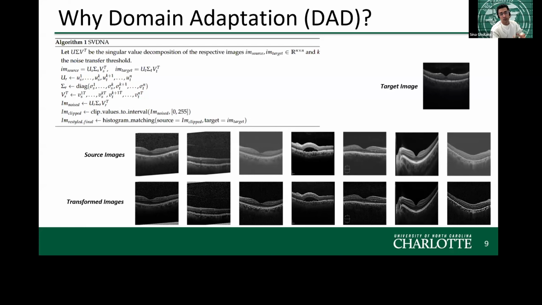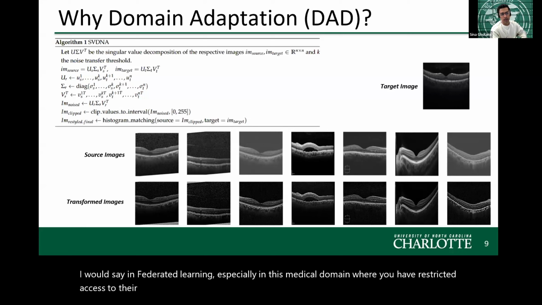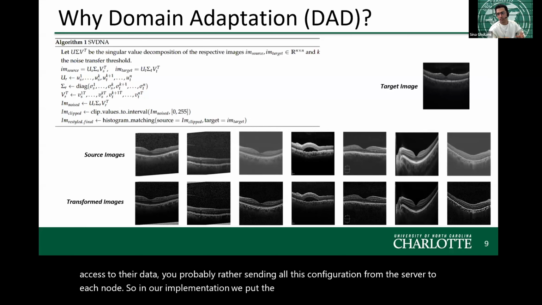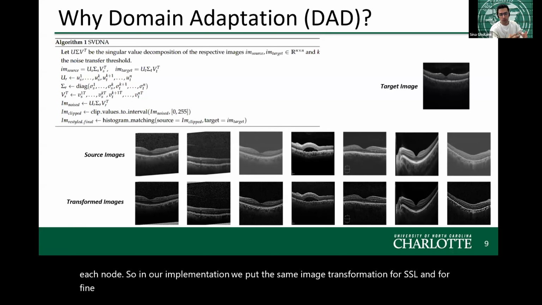I would say in federated learning, especially in this medical domain where you have restricted access to the data, you would rather send all this configuration from the server to each node. So in our implementation, we use the same image transformation for SSL, and again the same image transformation for fine-tuning.